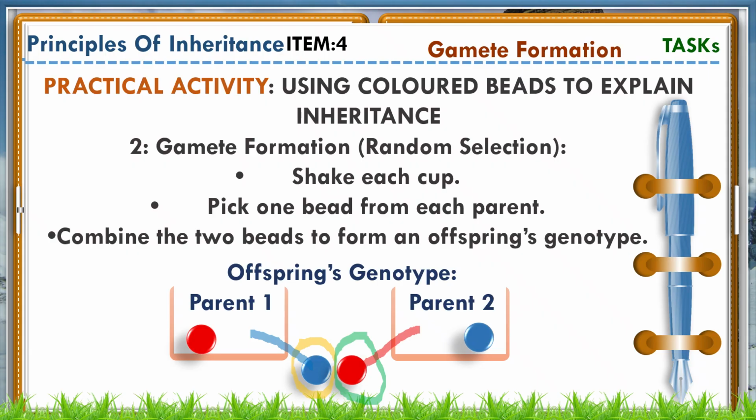Now we combine the two beads to form an offspring's genotype. So what we have formed here is the offspring genotype. Gamete fusion, and then we got the offspring genotype.